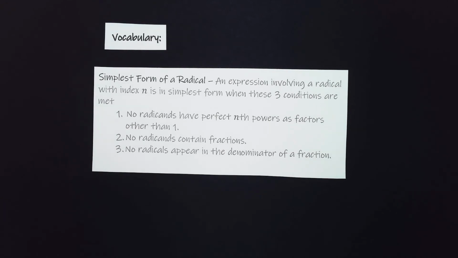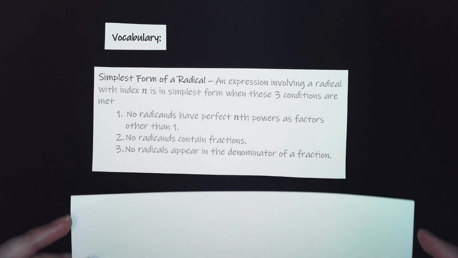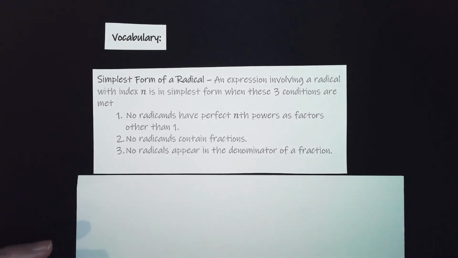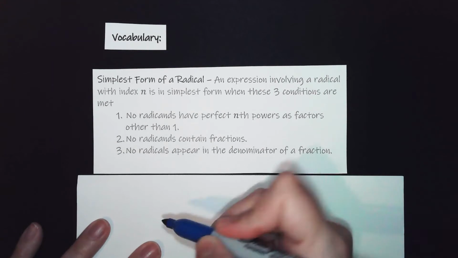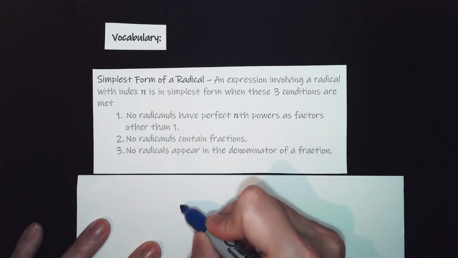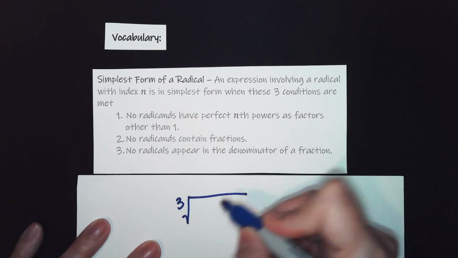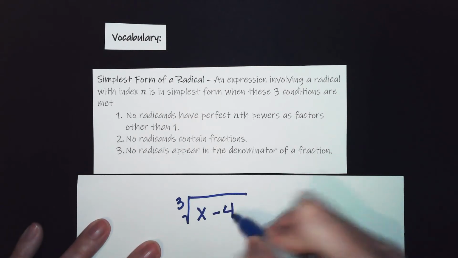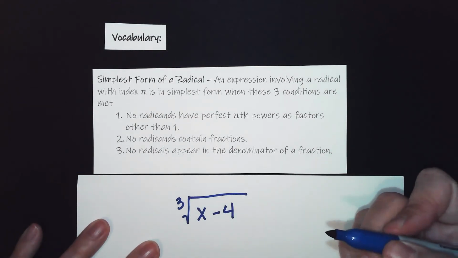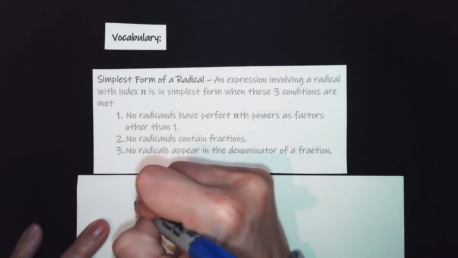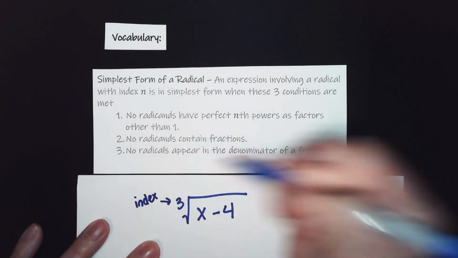All right, let's go over a few things, because even though it's not in the vocabulary, I want to explain what some of this means. If I have a root of something, so let's just say 3 square root of x minus 4, the index is the 3.